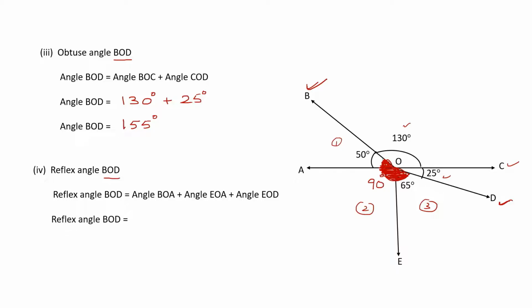So let's find out how much angle BOD is. Angle BOA is 50 plus angle EOA 90 degrees plus angle EOD 65 degrees. So let's add this up. 50, 90, 65.